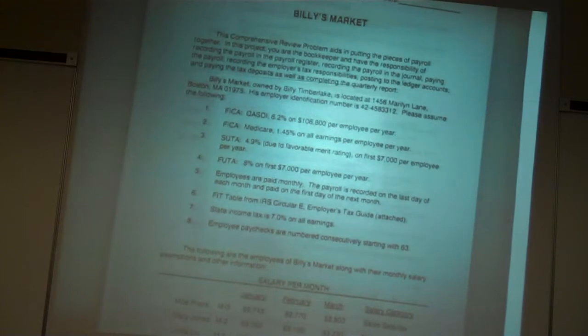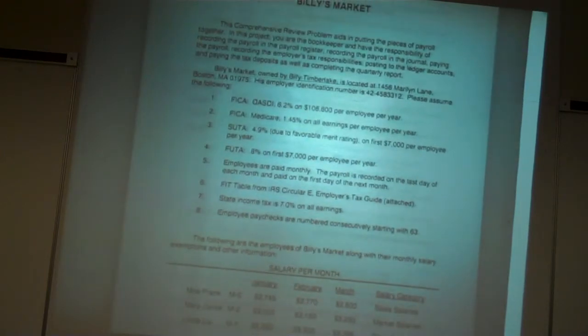All right, the comprehensive review problem aids in putting the pieces of payroll together. In this project, you are the bookkeeper and have the responsibility of recording the payroll in the payroll register, recording the payroll in the journal, paying the payroll, recording the employer's tax responsibilities, posting to the ledger accounts, and paying the tax deposits, as well as completing the quarterly report.